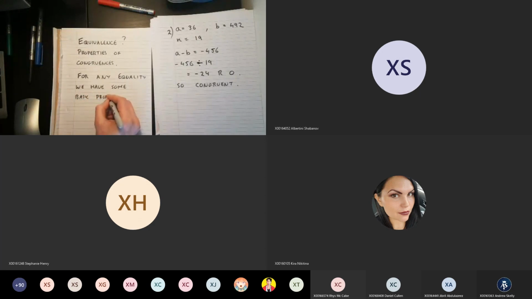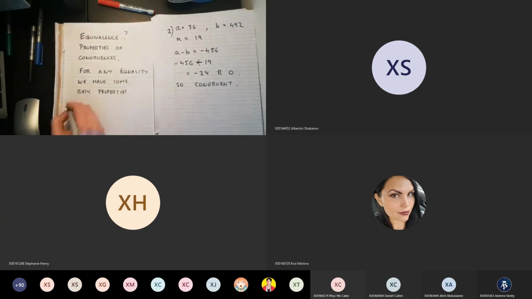The first seems extremely simple and almost stupid to say, but it's very important. For any number A, A is always equal to A. A is equal to itself. That's very important.